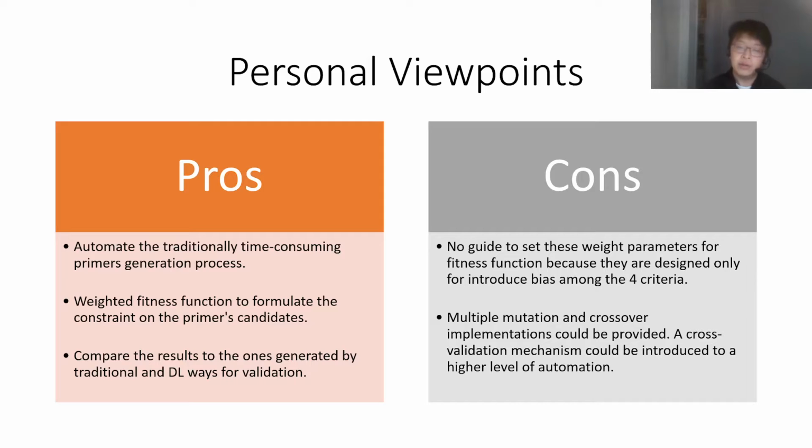It's more likely to model it as an optimization problem, I think. And I think multiple mutation and crossover implementations could be provided, with the parameters set for combination. A cross-validation mechanism could also be introduced to get a higher level of automation, I think.